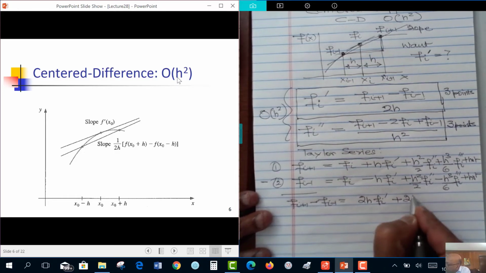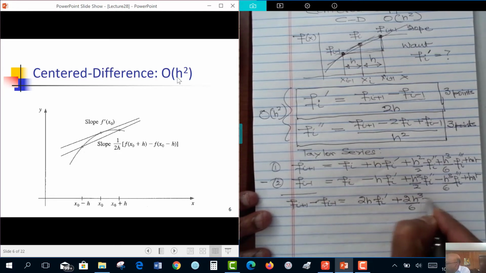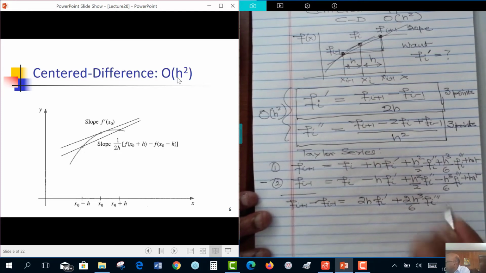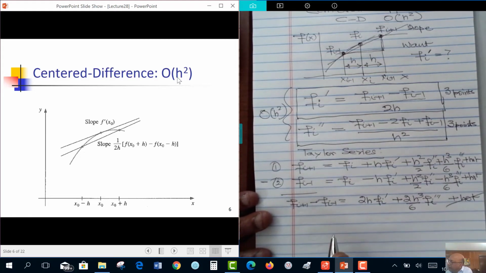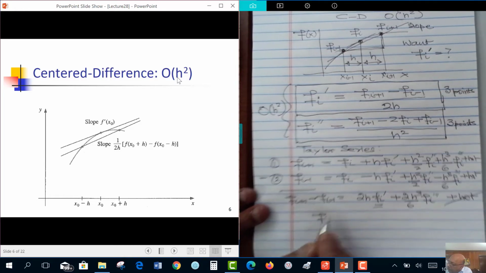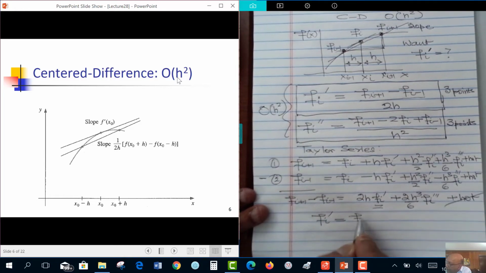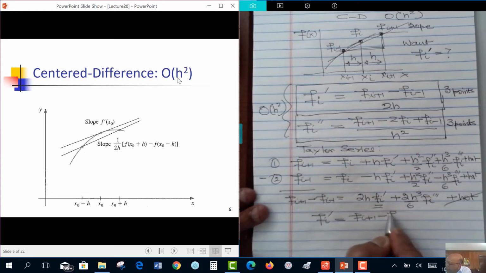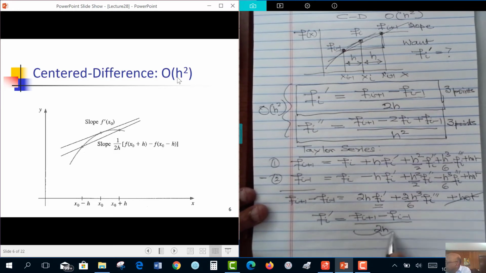This will become 2h cubed over 6 f_i triple prime plus some higher order terms which we are going to ignore. So now we can find out what is f_i prime: f_{i+1} minus f_{i-1} over 2h. So this was our approximation.